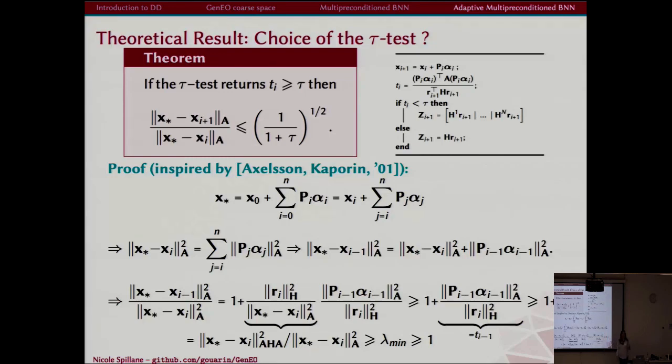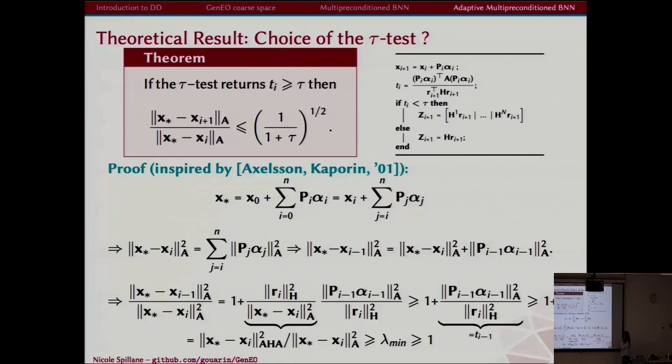You can say, I would like to decrease the error by 5% at each iteration. Then you get tau equal to something very close to 0.1, and that tells you how you set tau. I'm not going to go into the details of the proof of this result, but it's a very short proof. It just uses the properties of the preconditioned conjugate gradients algorithm.